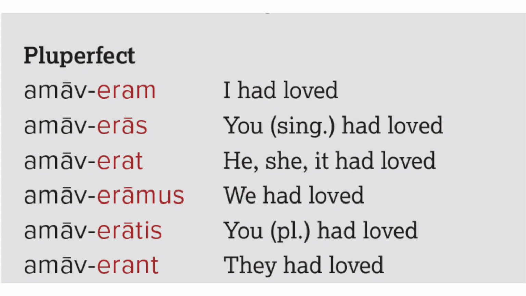For amo, it goes amaveram, amaveras, amaverat, amaveramus, amaveratis, amaverant. Now those endings really are the imperfect tense of sum: eram, eras, erat, eramus, eratis, erant.